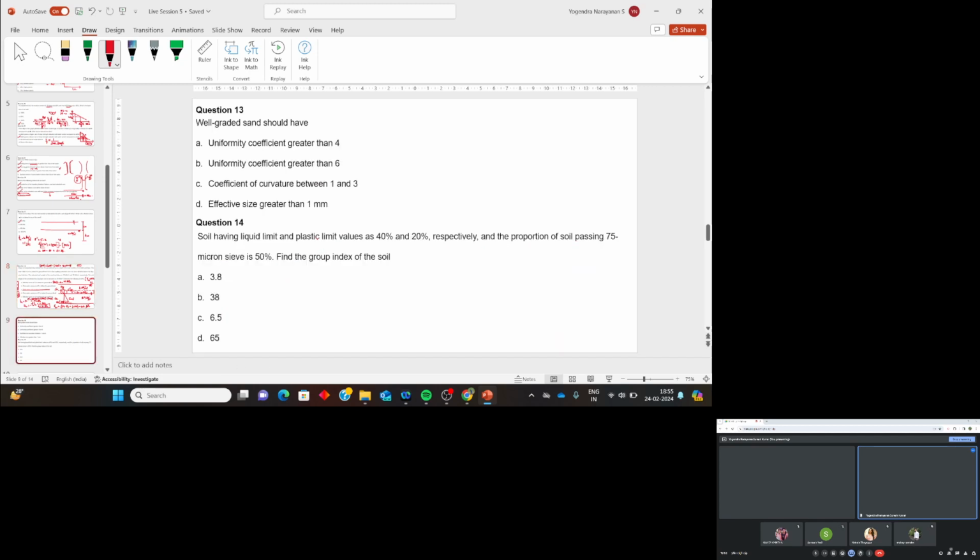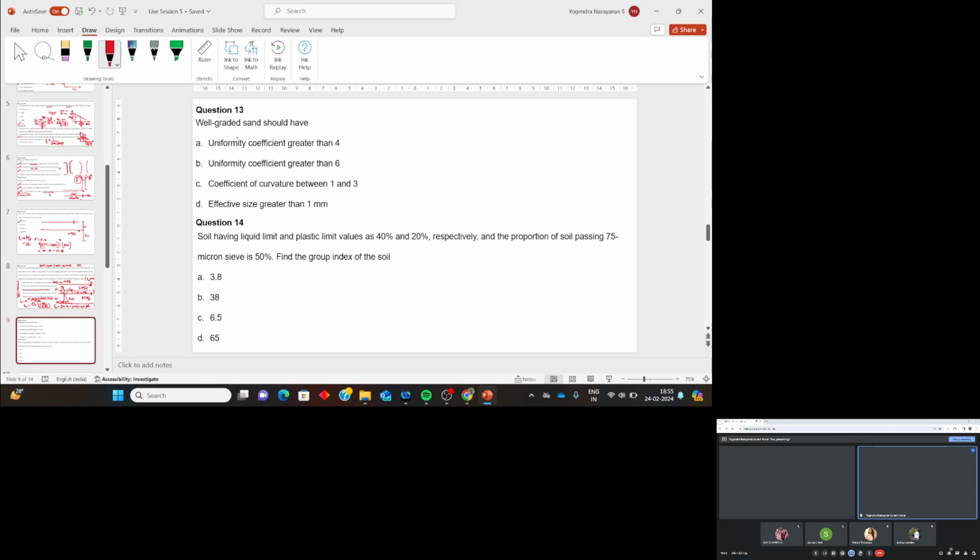So now let us go a step behind. It is a little factual. These questions are a little factual, and it is also required to know since these are as per Indian standard codes, and not only Indian standard, many standard codes.